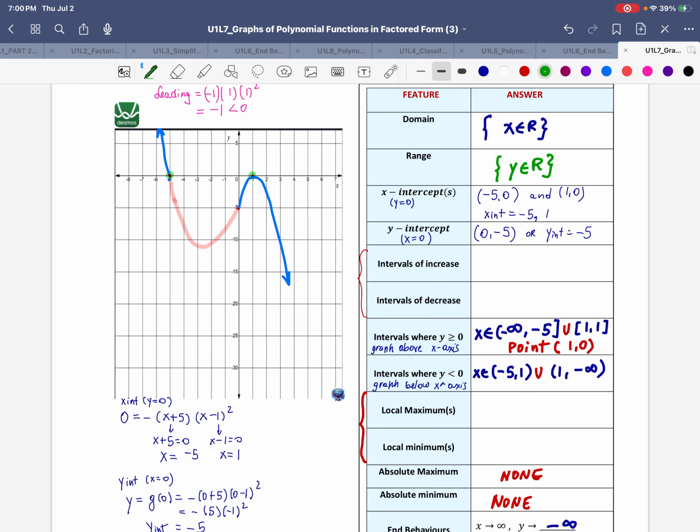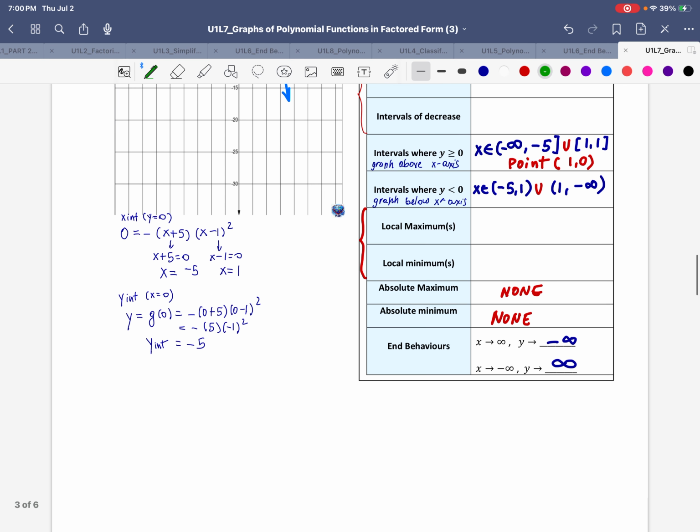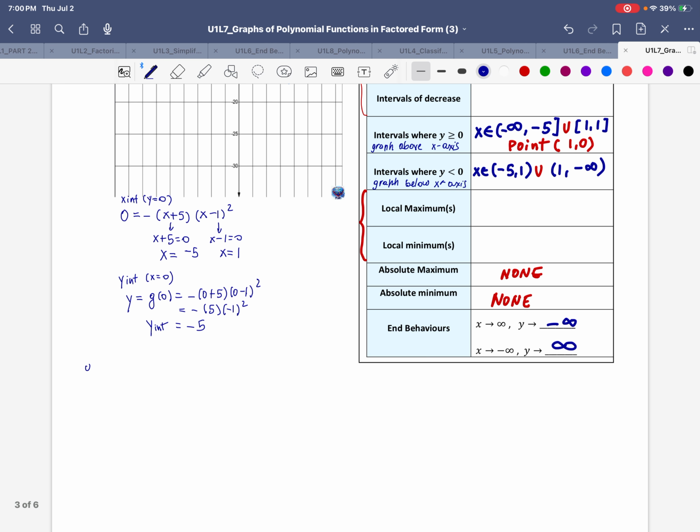So -2 is going to be our helping number, and we're going to have to find the value of the function at -2. So start with g of -2, so that's negative. And then wherever you see x will be replaced by -2 plus 5, and -2 minus 1 squared. So that will give -3 times -3 squared, which will make a 27 negative.